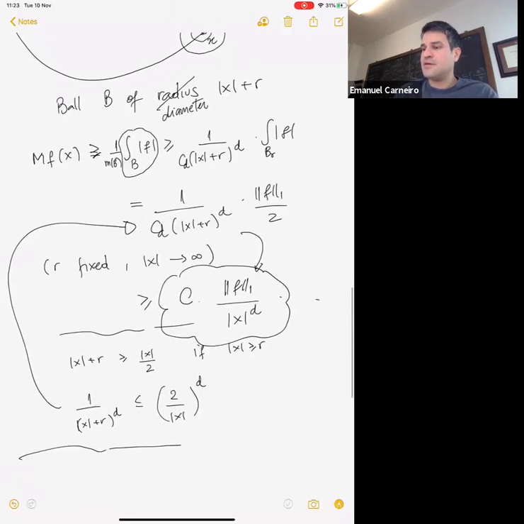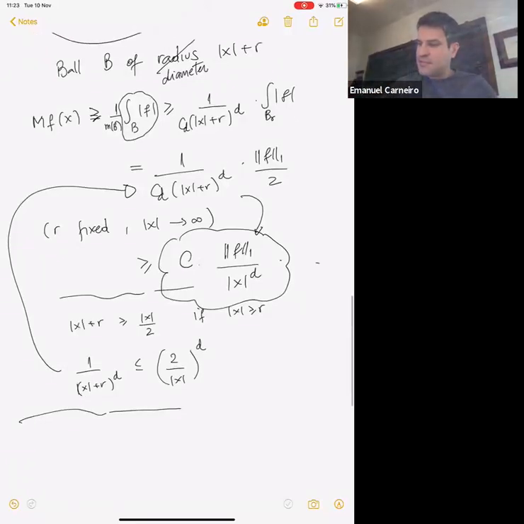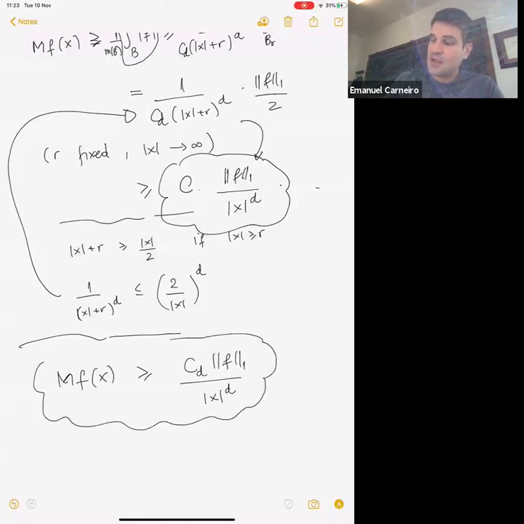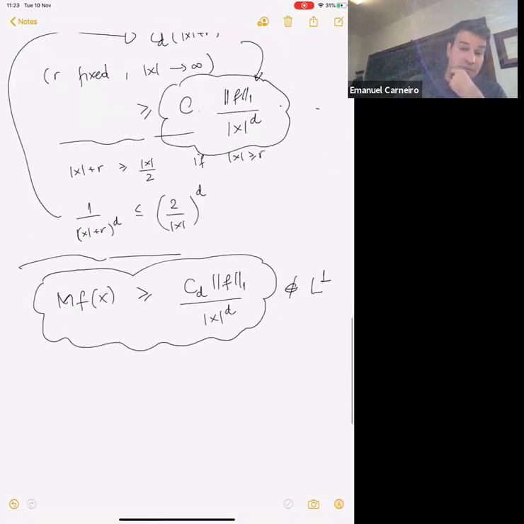So we really have, if your function is not 0, you just proved that the maximal function cannot decay very fast. This is going to be bigger or equal than a certain dimensional constant over |x| to the d. In particular, your maximal function will not be in L1, will not be integrable. This is as x goes to infinity.